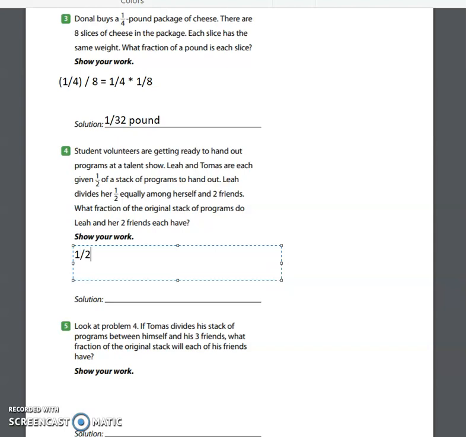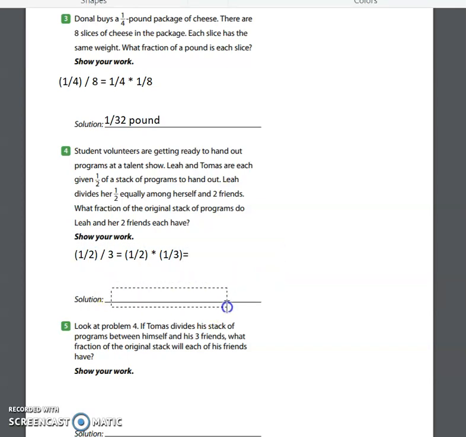Her half of a stack that she was given was divided amongst 3 friends. And we know that is the same as her half of a stack being multiplied by 1/3. We know this would be the same as our answer, which is 1/6 of the original stack.